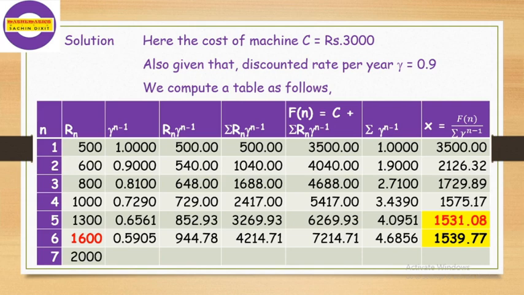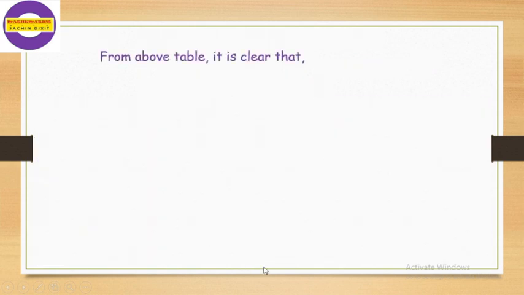Now let us conclude this statement and complete the problem. From the above table, it is clear that in this expression one mistake is there. Here it is F5 divided by summation i varies from 1 to 5 gamma raised to i minus 1. Here, by a printing mistake, it is 6, but in this problem it is 5, not 6.